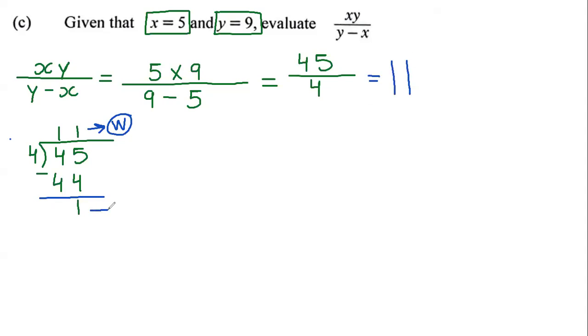What is the numerator? 1. What is the denominator? 4. So it's going to be 11 and 1 over 4. Or 11.25. Okay.